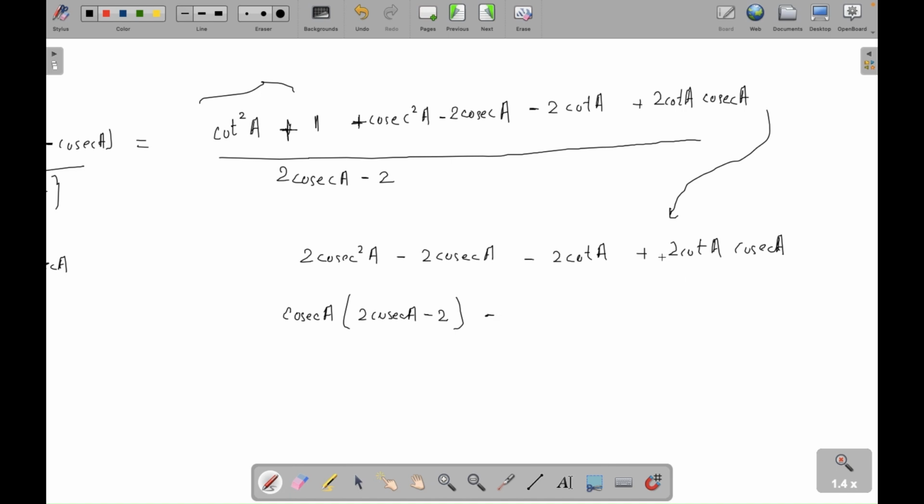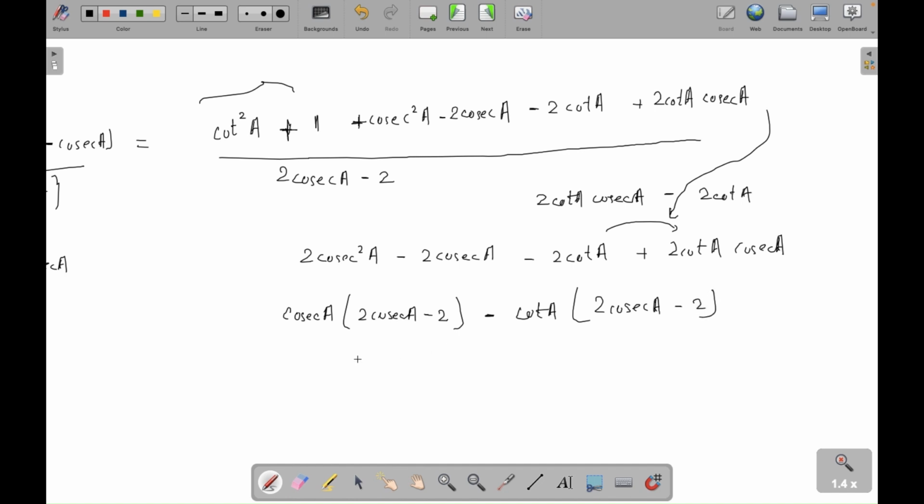And then here, first I want cosec A to be positive, so we'll just rearrange this. Instead of writing it like this, I can write it as 2 cot A cosec A minus 2 cot A. Then we can take cot A as common, and we'll get 2 cosec A minus 2.